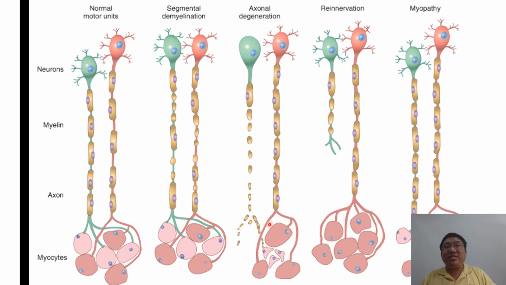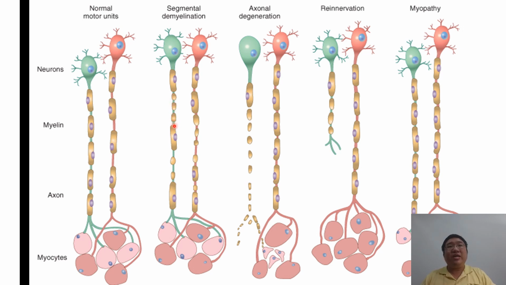Some diseases affect mainly the myelin sheath. So these diseases are called demyelination. The axon will be intact, will be normal until very late in the course of the disease progression. So the problem is with the myelin sheath.